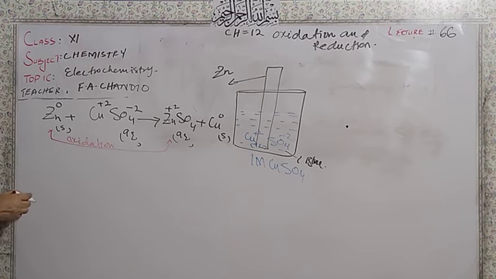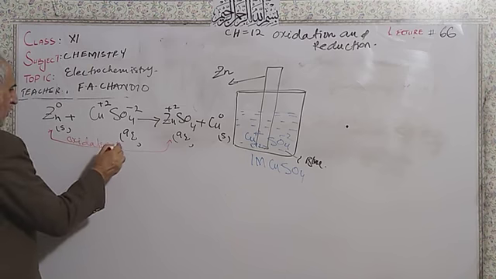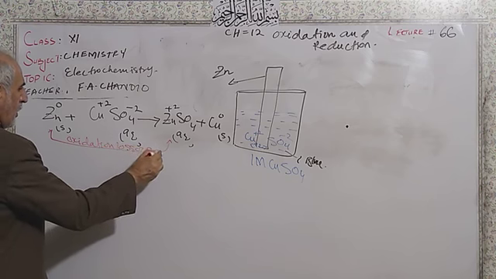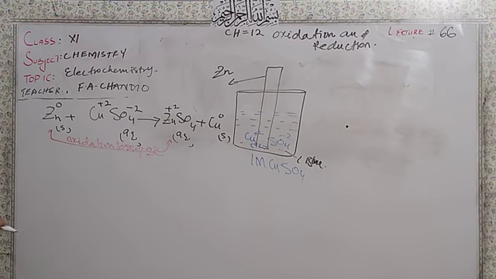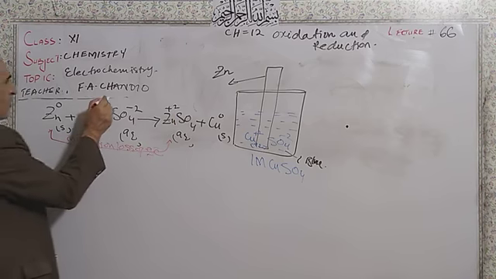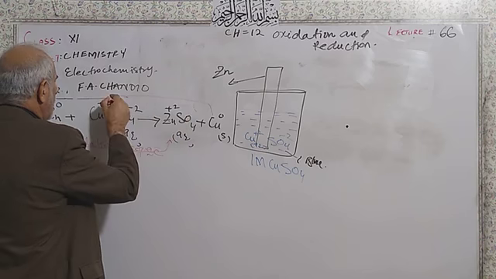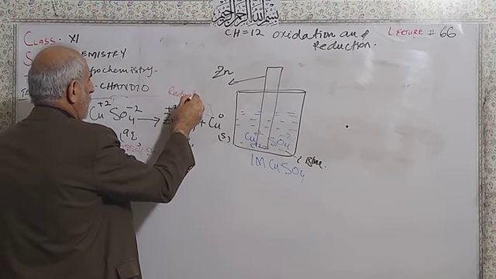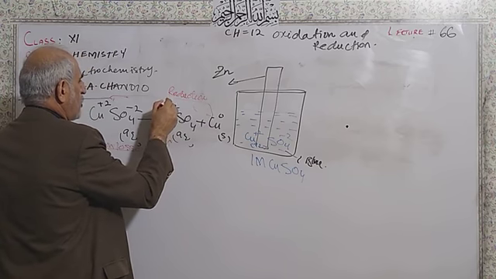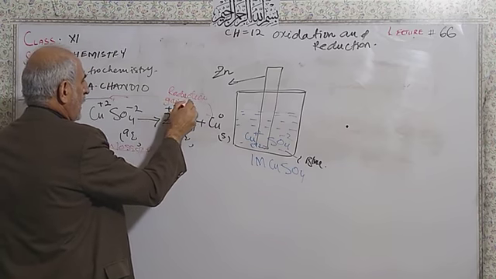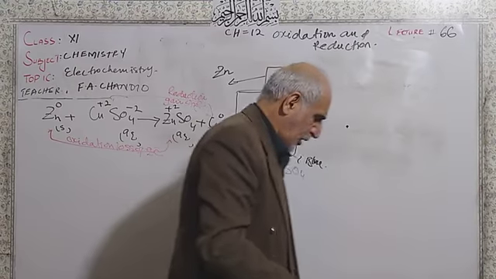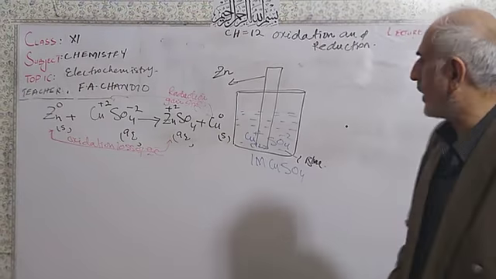Here there is oxidation, a loss of 2 electrons, and the oxidation number increases. There is also reduction, a gain of 2 electrons, and the oxidation number decreases.